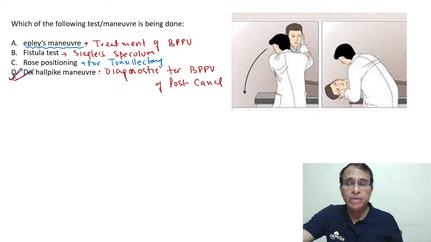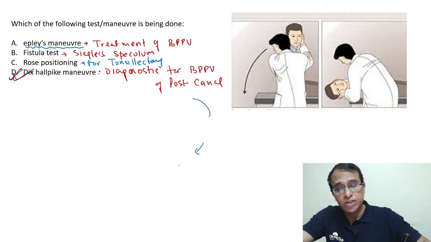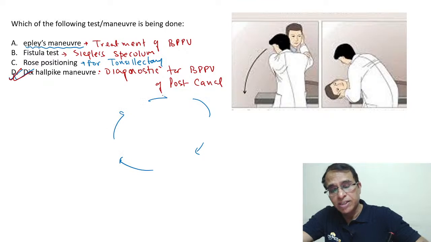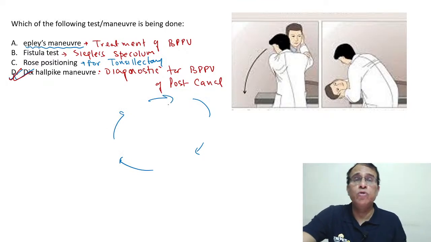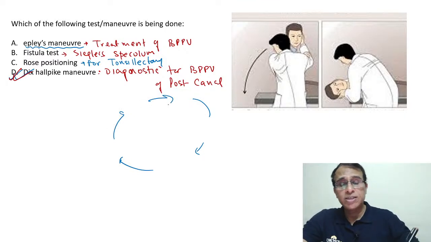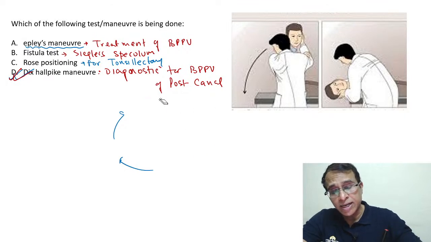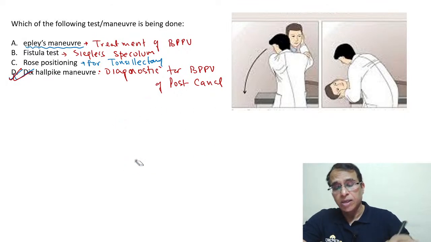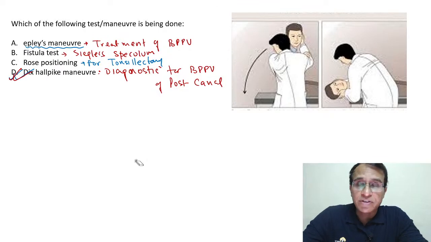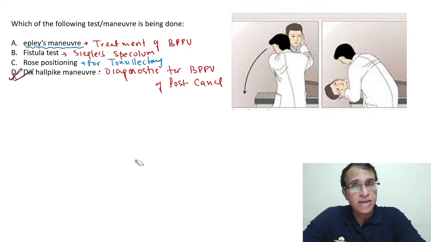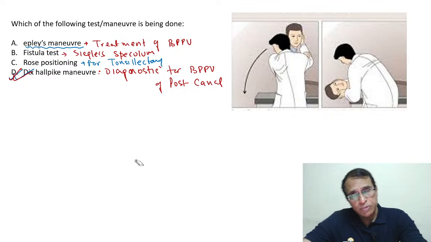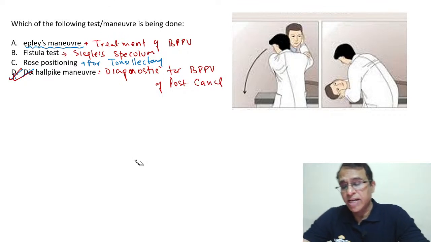Although when we show the image, the images are usually cyclical like this, it is not always true that you have to go for cycles. In most cases, like I said, only one time should be sufficient, and recurrence happens after a few months, maybe a year. Recurrence can happen, but that particular episode will get treated with one cycle of Appley's maneuver.